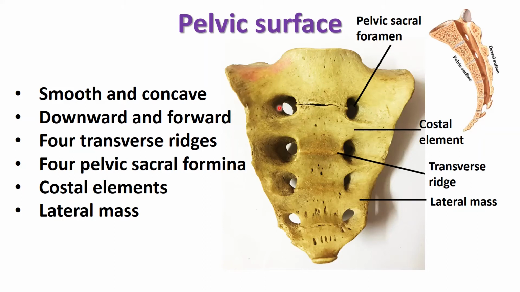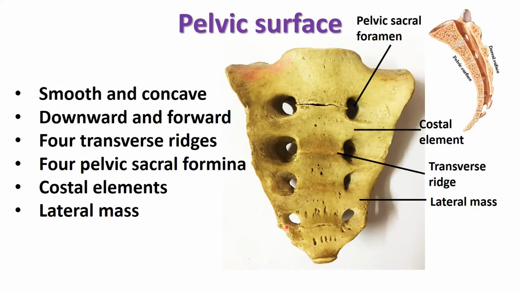These sacral foramina communicate with the sacral canal by the intervertebral foramina. The bony bars between the pelvic foramina are called the costal elements. So these bony bars are the costal elements. These costal elements unite with each other and with the transverse process to form the lateral mass of the sacrum.